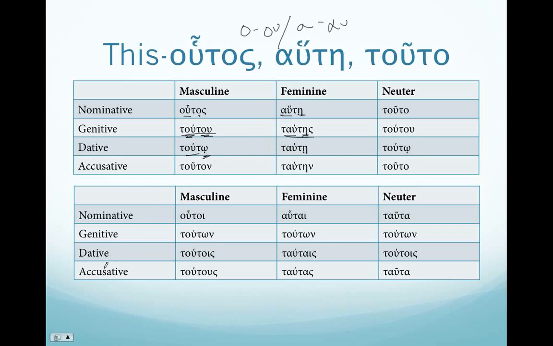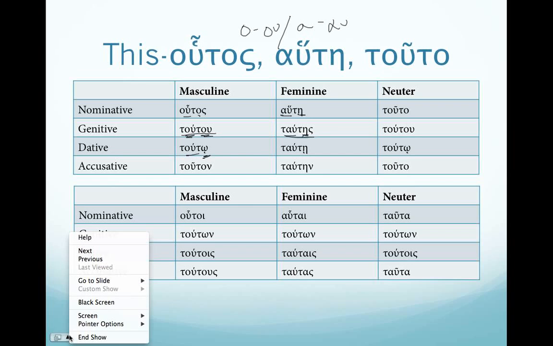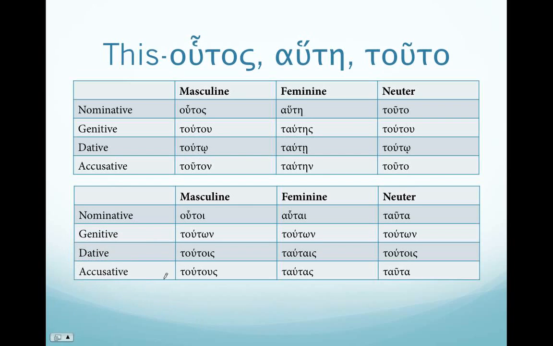The second thing to notice, let me erase my scribblings there for a second, is that some of these have a rough breathing, hutos, and some have a tau, touto. Well, when do we use which? Well, you're going to use the rough breathing where the article has a rough breathing.